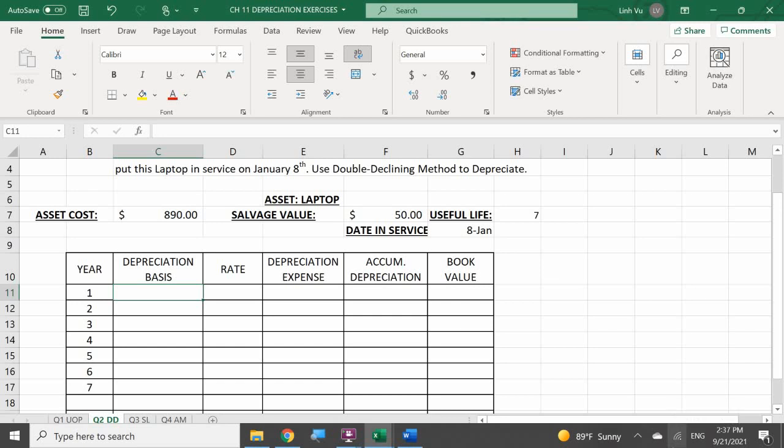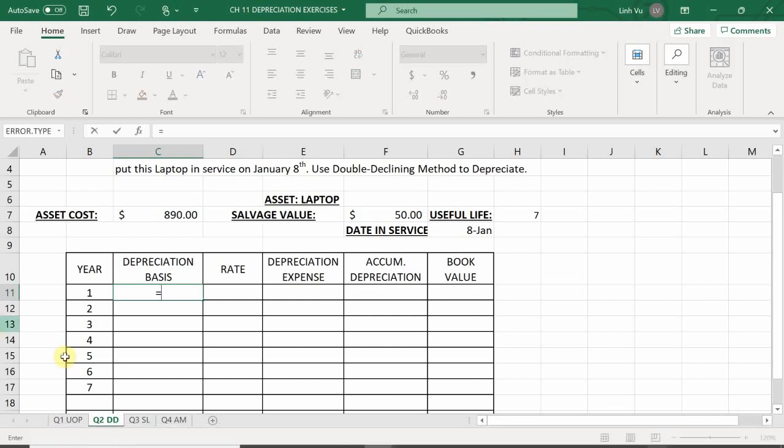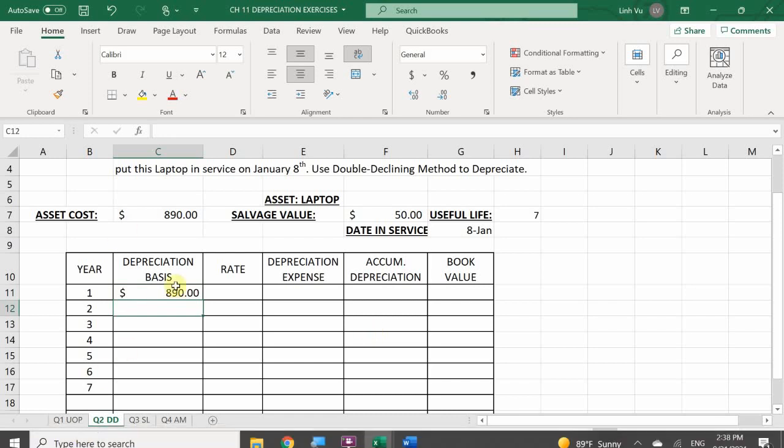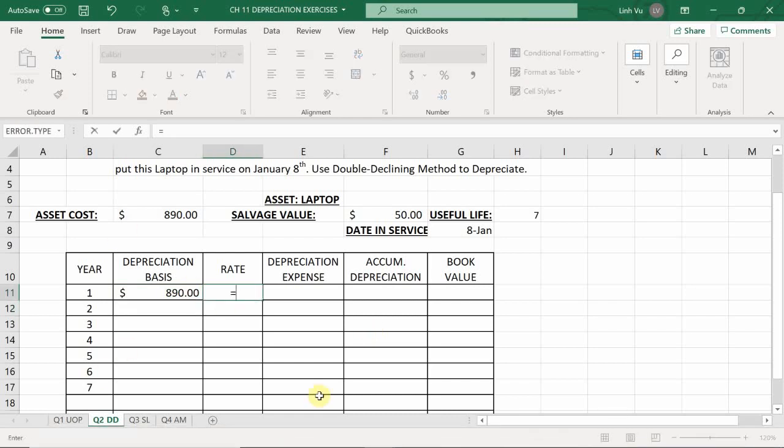In this case, since I'm starting my depreciation as of the very beginning of its life, therefore, the value of this is going to be the asset cost itself, right? That's your book value. $890. Okay? Your rate here is going to be 1 over its estimated useful life, which in this case is 7.